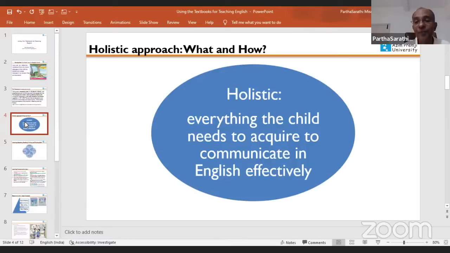I ask the child, give me a book, and child gives me a pen. It means the child could not get the message. And therefore, we should use the material prescribed in the textbook in such a way that the child gets enough opportunities of communicating in English effectively, meaningfully, joyfully, and not mechanically.